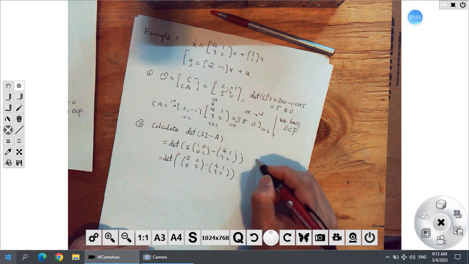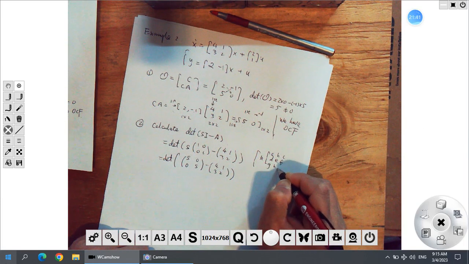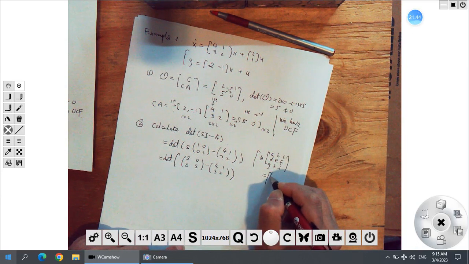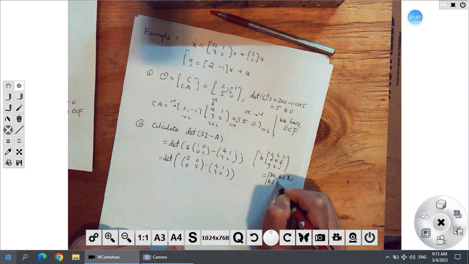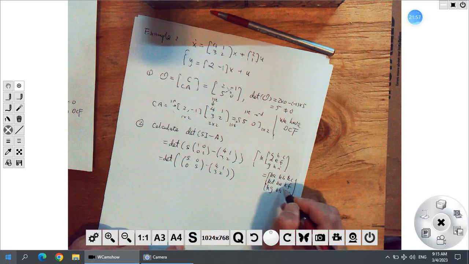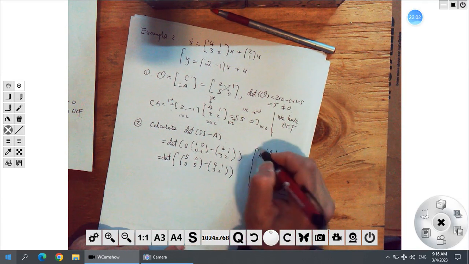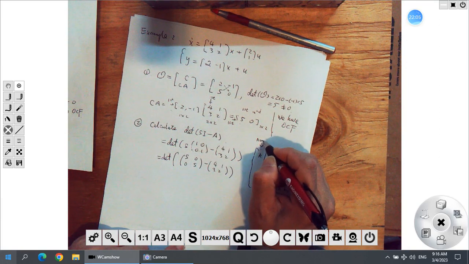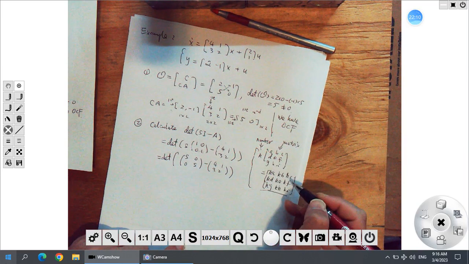It is the same as some constant K times A, B, C, D, E, F, G, H, I. It will be K times A, K times B, K times C, and so on up to K times I. You multiply all the elements of this matrix. This is the number, and this is the matrix.